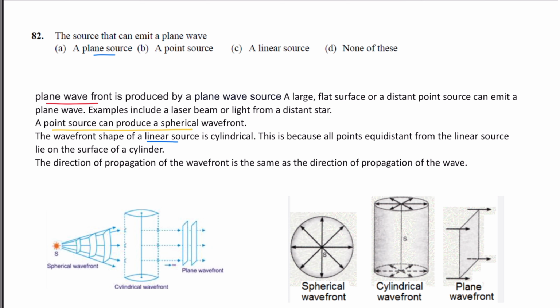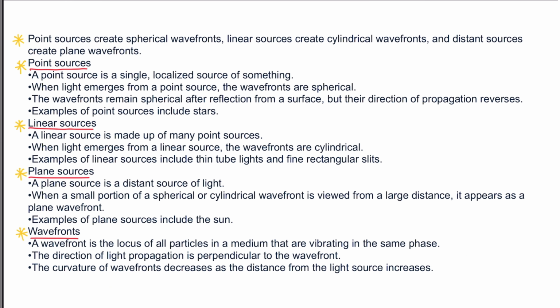This is because all points equidistant from a linear source lie on the surface of a cylinder, and the direction of propagation of wavefront is same as the direction of propagation of a wave. So point source produces spherical wavefront, linear source produces a cylindrical wavefront, plane source produces a planar wavefront.